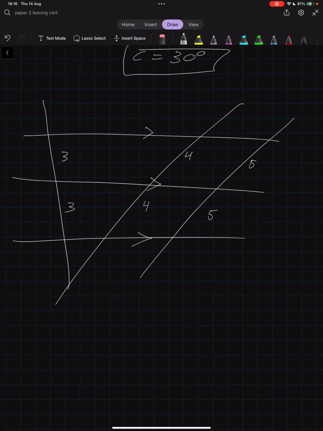So basically the ratio of these numbers will always stay the same. So you'll notice 3 divided by 3 is 1, 4 divided by 4 is 1, and 5 divided by 5 is 1. So the ratio will always stay the same. And specifically the ratio, you're always dividing.